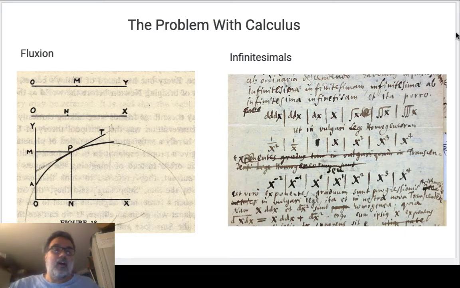So we've been studying calculus this whole semester, and obviously things worked out, but there was a problem with calculus, right? Newton invented his method of fluxions, but then didn't tell anybody about it, really just shared it with a couple people, but did show people the kinds of problems he could solve with it, which led to Leibniz reinventing it.